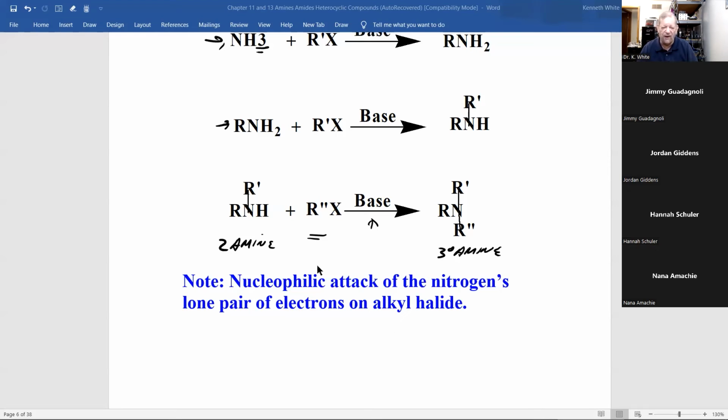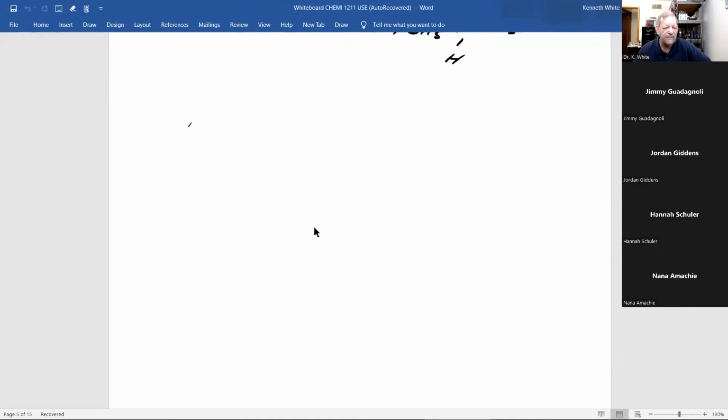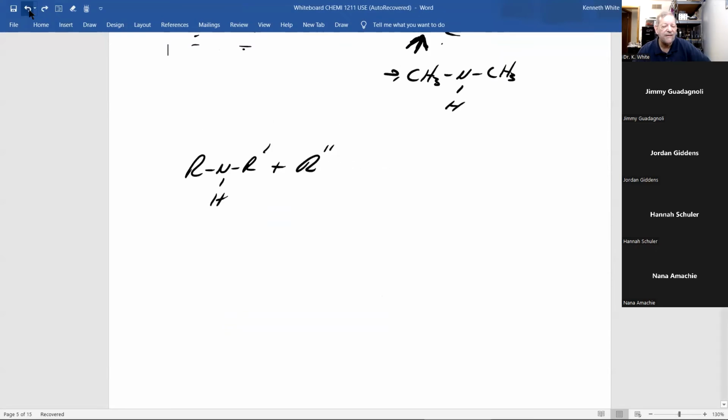Let's look at it on my whiteboard. Again, nucleophilic attack. The nitrogen attacks the carbon with the halogen, bonds to that, and loses H plus, and this X is neutralized by the base.